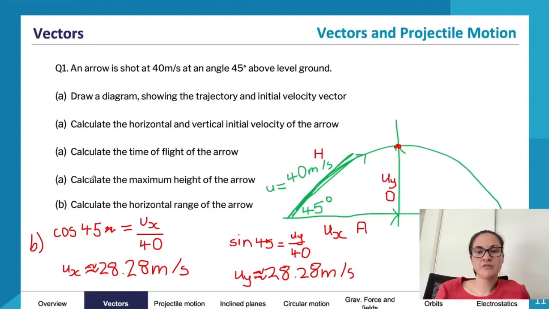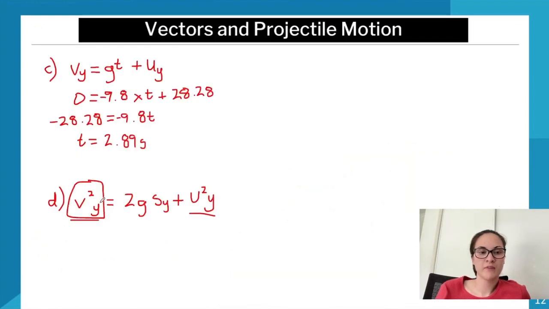I think we'll just use the Uy that we have, and then we'll just leave Vy as 0. I think that's what we'll do. Because then we've got 2 times 9.8, and if this is incorrect, then it will be put in the comments.